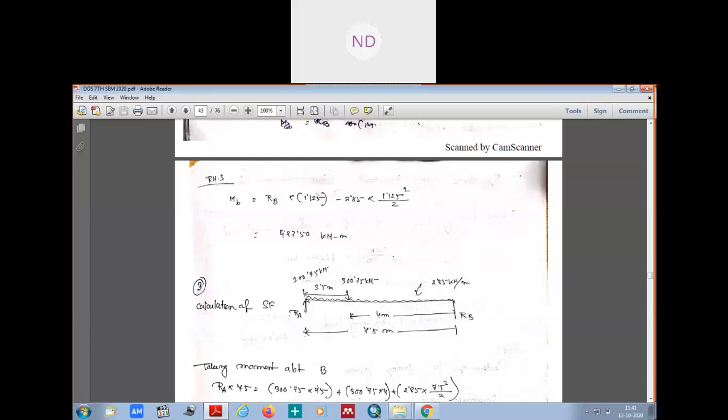Whenever we are calculating the shear force, we know the maximum shear force will be here at the corner. This is your gantry girder, this is your crane girder, and here you have the trolley.